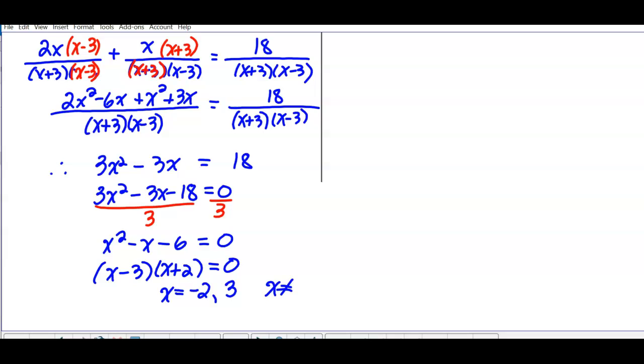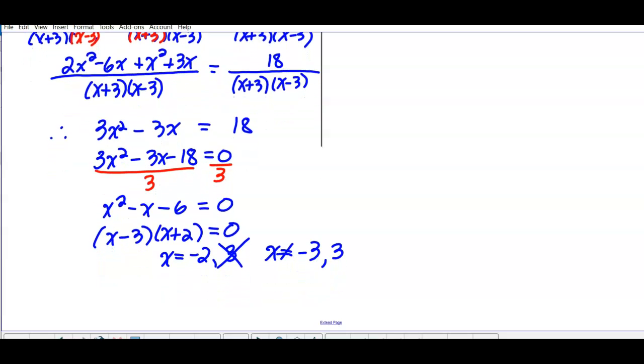And you'll notice that they are -3 and +3. Well, one of your solutions is one of the restrictions. So we have to cross it off, eliminate it from our solution set, and then I always make one final statement. I don't want to leave it like that. Oops, that's a -2, just so it's clear, x equals -2.